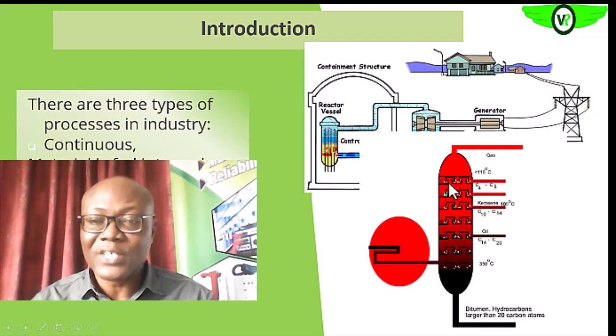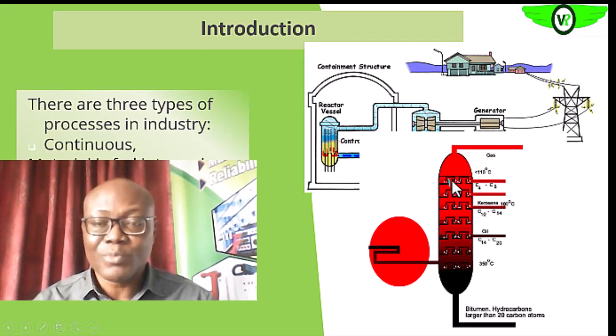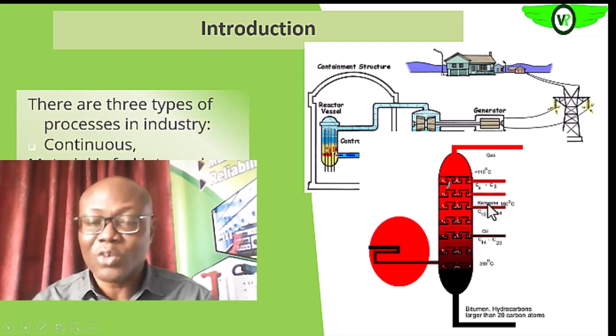and as they rise up the column they are cooled at different trays. This is done with respect to the boiling points of the various products in the crude. So at the draw off points we have different products, as you can see. All of this is done in a continuous process. It is done continually.